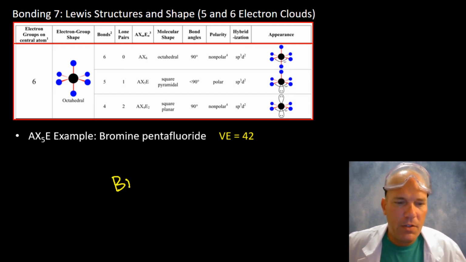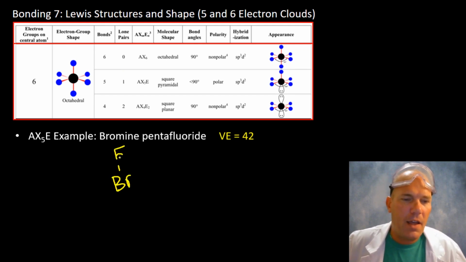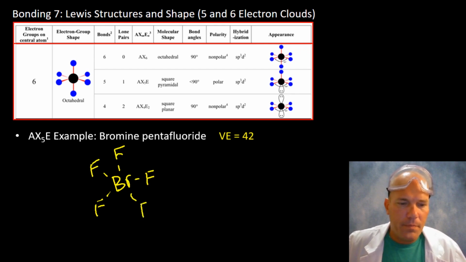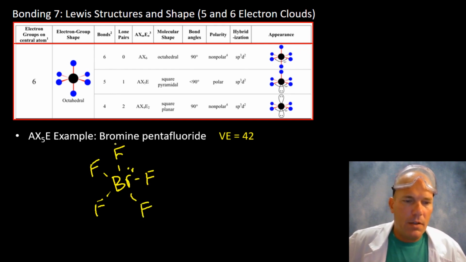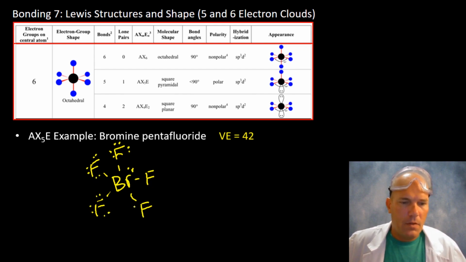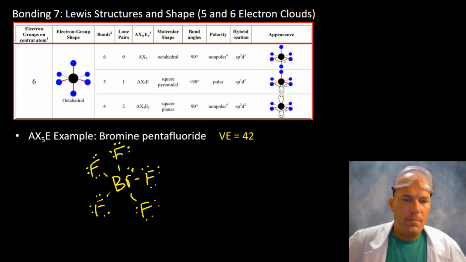All right, 42 valence electrons and 5 ligand fluorines. Okay, moving through. You're gonna end up with an extra 2 there for the bromine. And moving along. Okay.